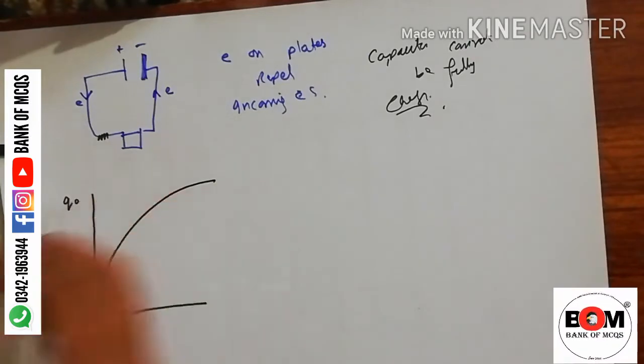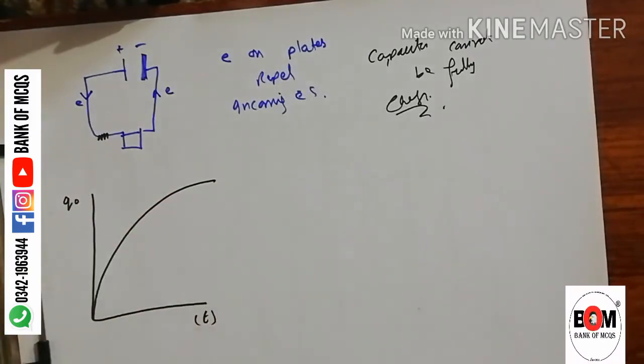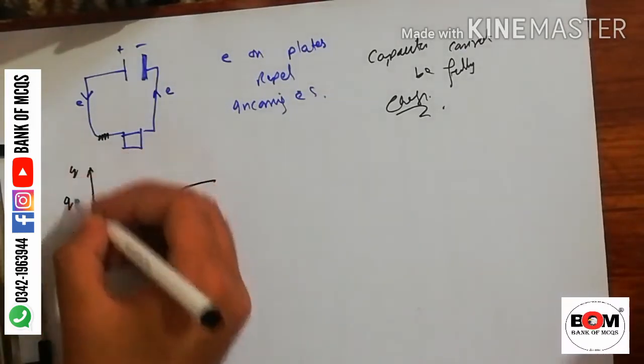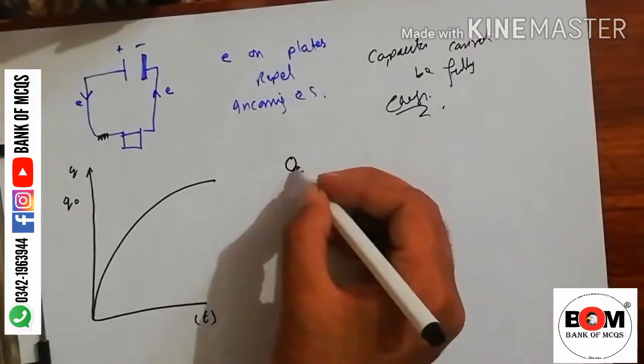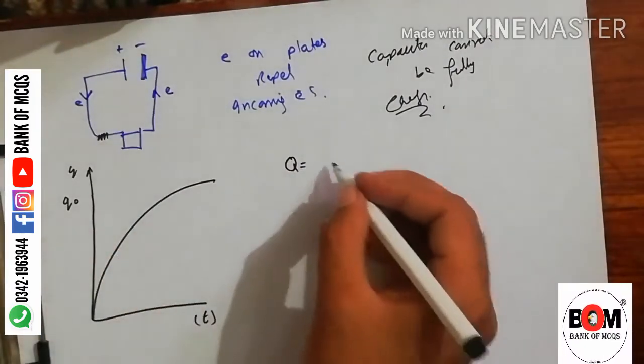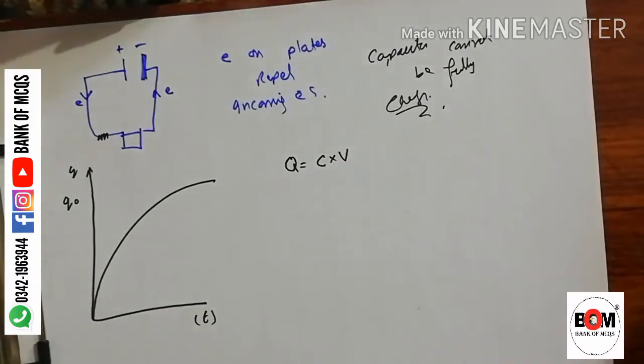For example, Q naught is the maximum value, and on the X axis we take the time T, and this is Q and this is the Q naught value. So the maximum capacity, how much it can be charged, is Q equal to C into V. It depends on its capacitance and the applied voltage or EMF of the battery.